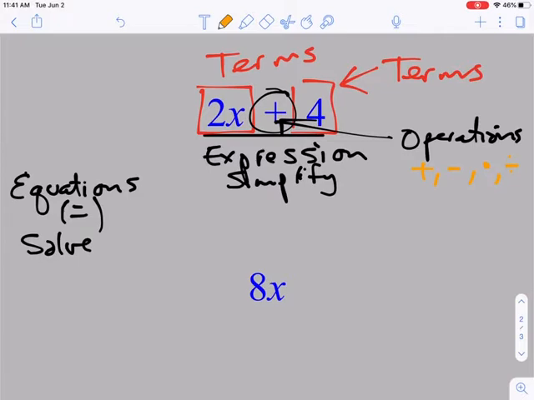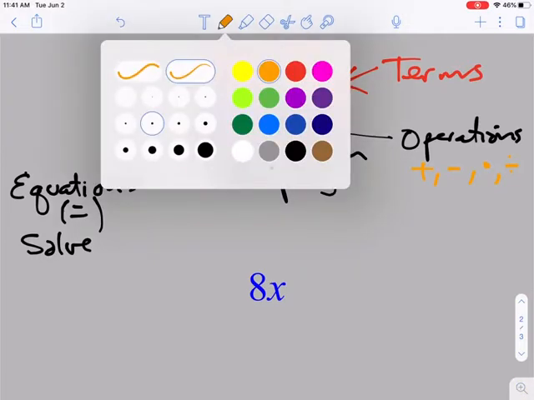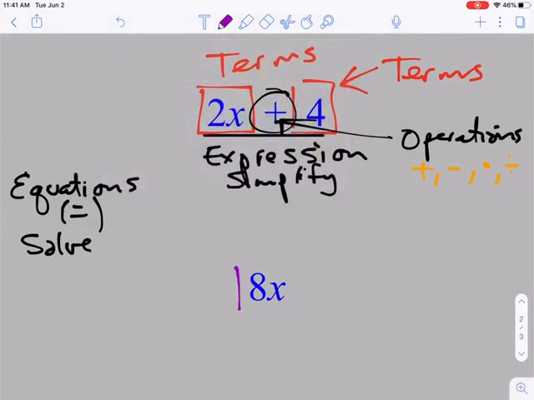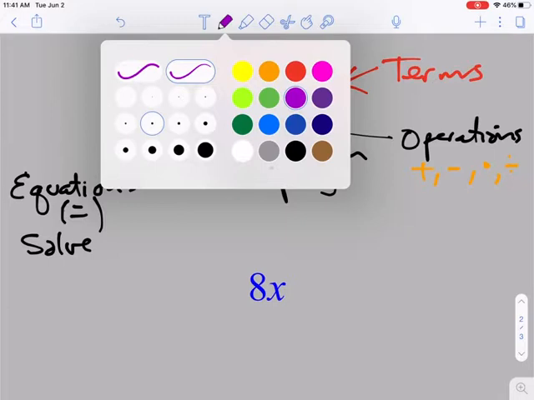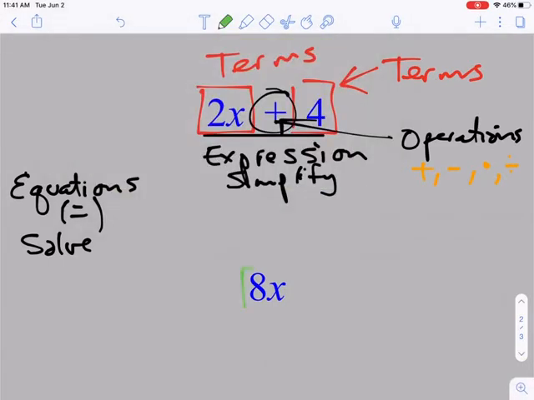So let's break this down a little bit. If we have a term that looks like 8x, 8x is made up of 2 main pieces. This part right here is called a coefficient.